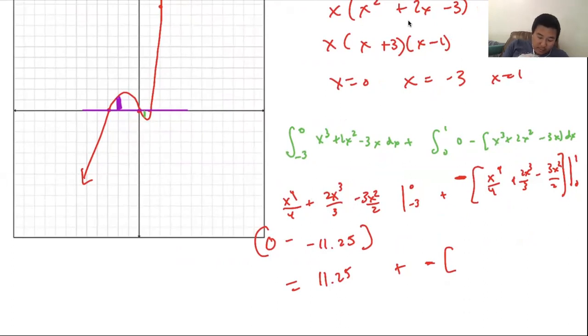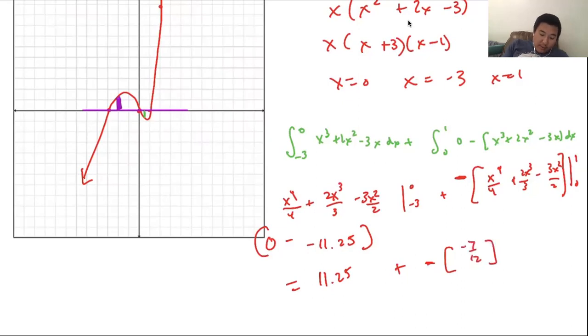1 divided by 4 plus 2/3 minus 3 divided by 2 is negative 7 over 12.